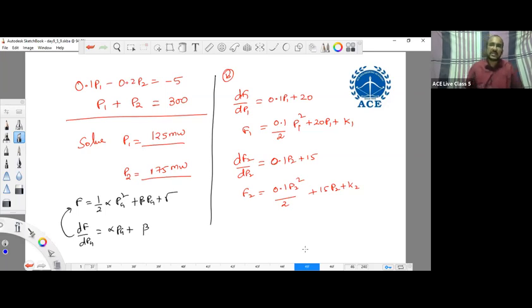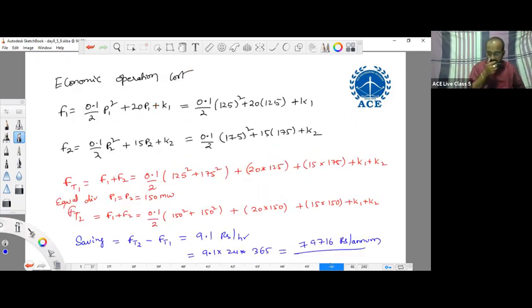But what is asked is the saving in cost. You know that this is the incremental fuel cost equation, so from the incremental fuel cost equation you should develop the fuel cost equations. You substitute for economic operation, you got P1 and P2. For equal division of load, P1 equals P2 equals 150.